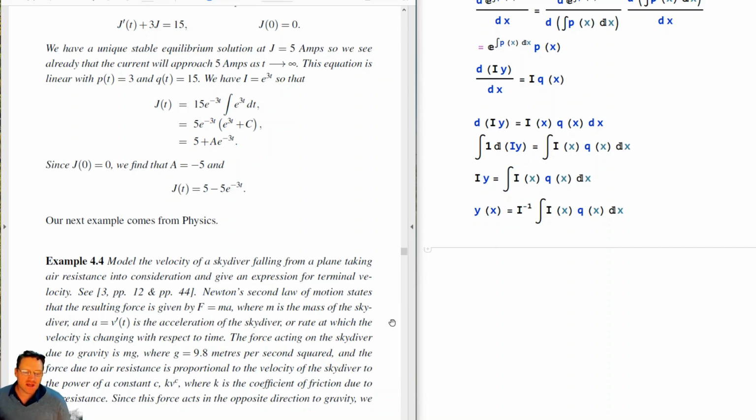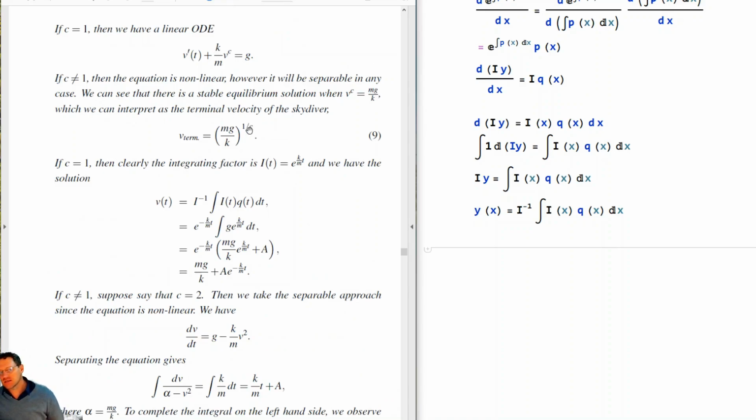Now this force acts in the opposite direction of gravity, so we're going to get mass times acceleration, or m times v dash, is equal to mass times gravity minus that air resistance force, which is in our case minus k times v to the power of c, because it acts in the opposite direction of gravity, right? It's a resistance force. All right, so we have a differential equation.